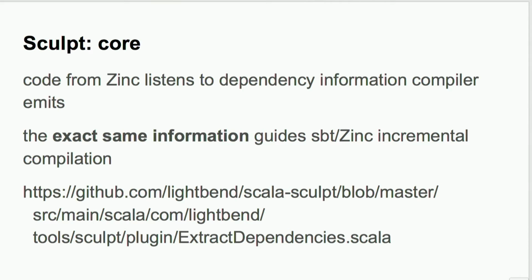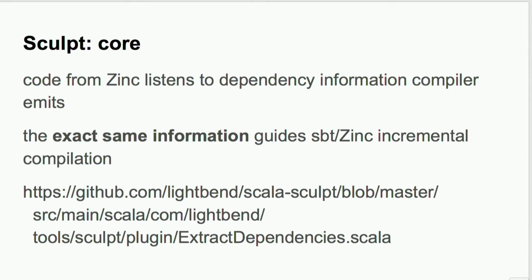It started life within the SBT codebase, and then it later became available and published as an independent artifact so that maintainers of other build tools can add incremental compilation to their tools as well. So the Maven plugin for Scala uses it. I think Pants and Bazel both use it.